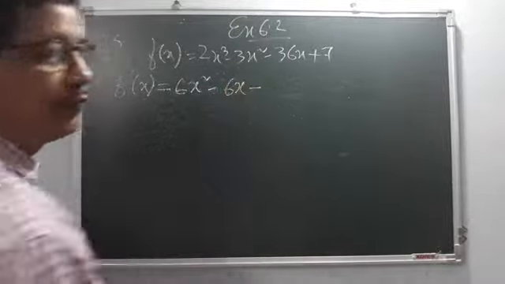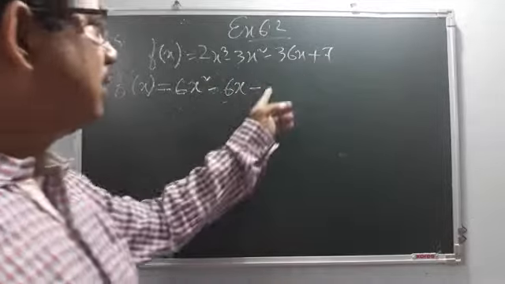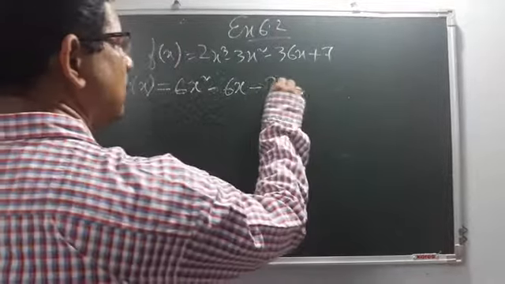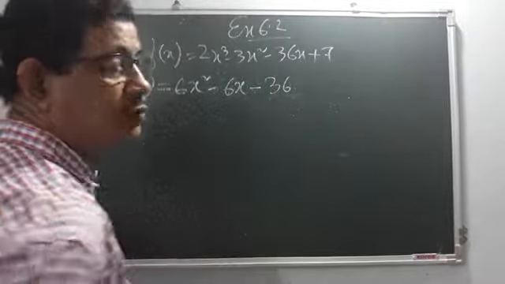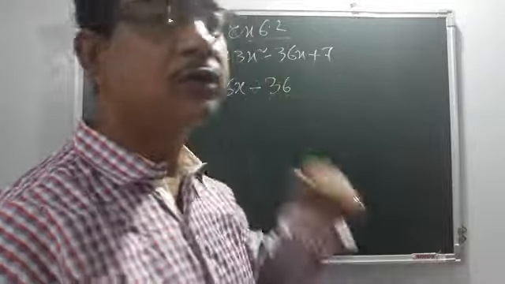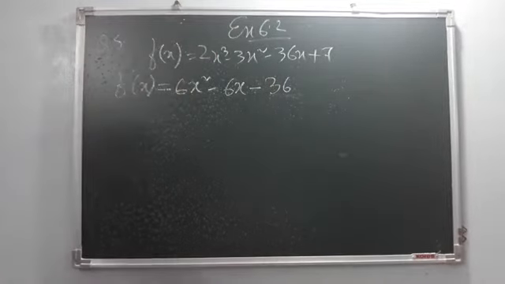Minus 36 is constant, differentiation of x is only 1, so only 36 will be there. Differentiation of 7 is 0. So this is our differentiation with respect to x.